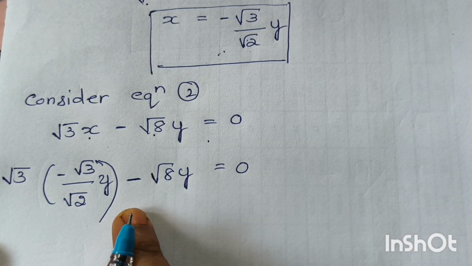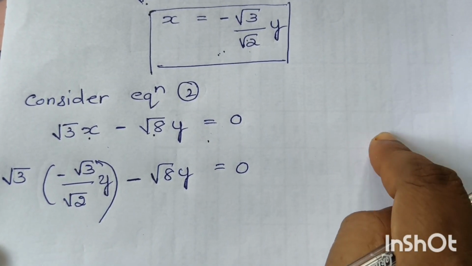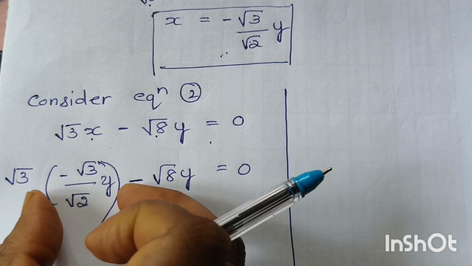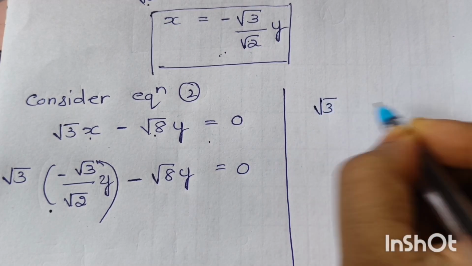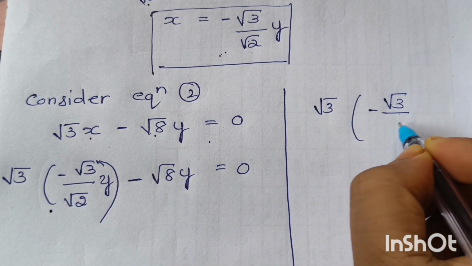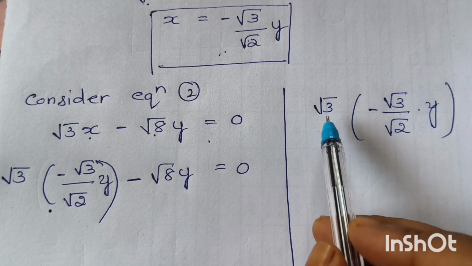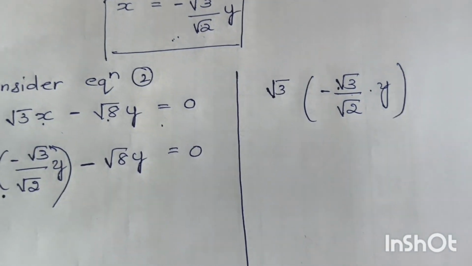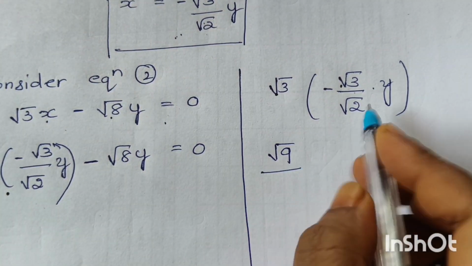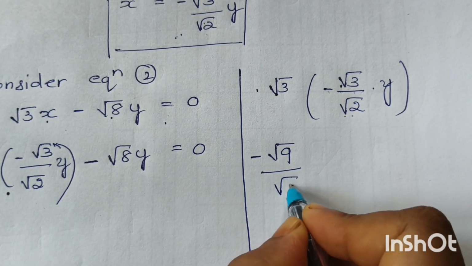Now let us simplify this one. First let me simplify this term, root 3 into minus root 3 by root 2 into y. Root 3 into root 3 is root 9, divided by, plus into minus is minus, root 2 into y.